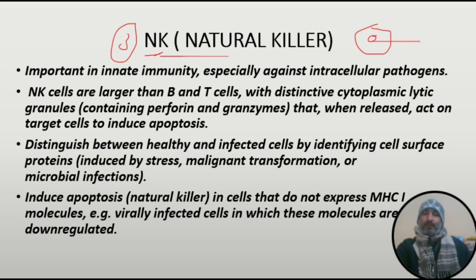Granzymes are digestive enzymes packed in granules, and these granzymes are like a grenade thrown at the bacteria. So the natural killer cell will kill the bacteria. So it is important in innate immunity.